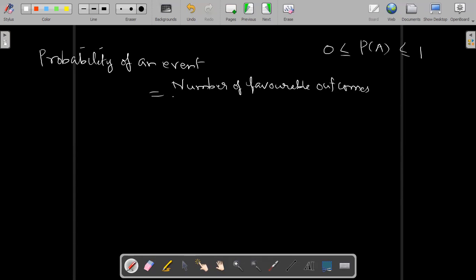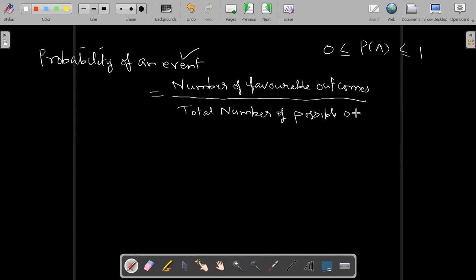The outcomes which are favoring the event, whatever event is given, the outcomes which define that event, upon the total number of possible outcomes. This is the formula for probability.